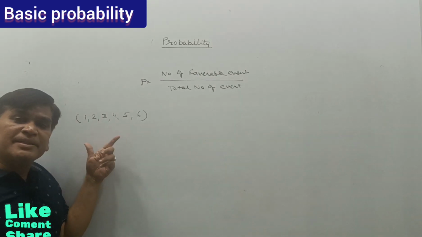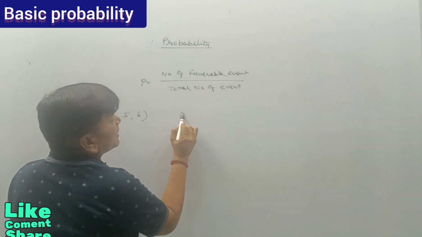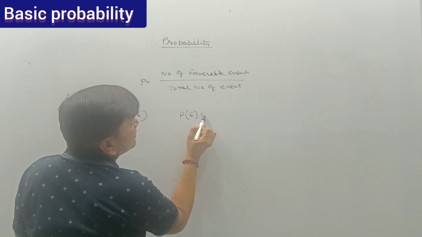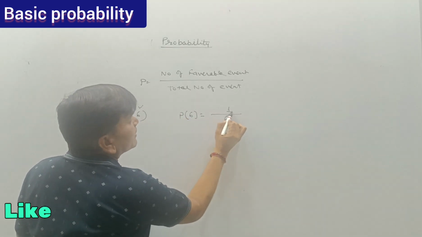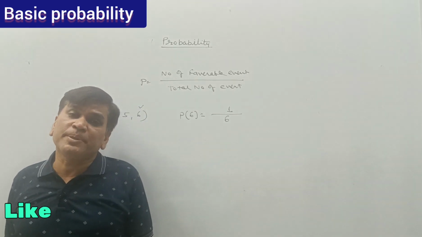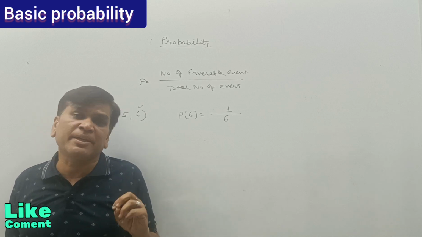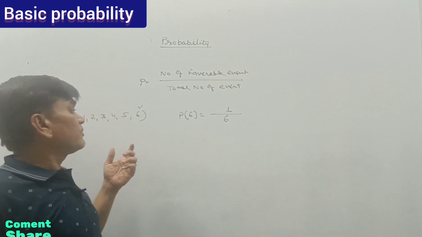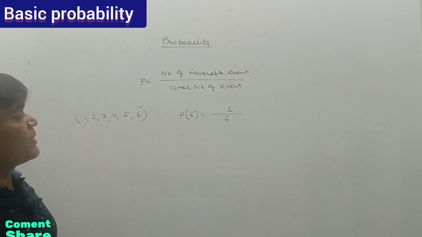So in a dice the total number of events is 6. If I want to calculate the probability of getting 6, the total number of events is 6 and the favorable event is 1. So the probability of getting 6 is 1 by 6. The probability of getting 5 is also 1 by 6. Getting 3 is also 1 by 6.